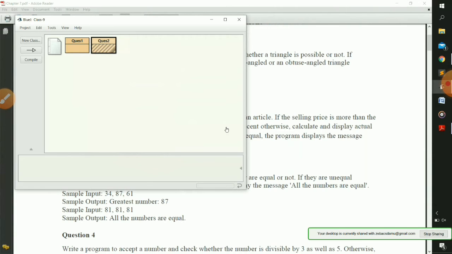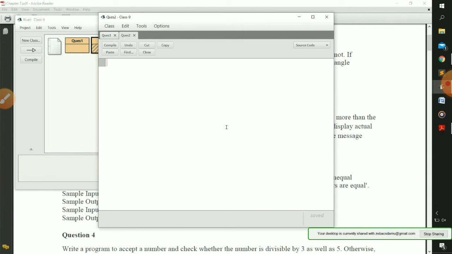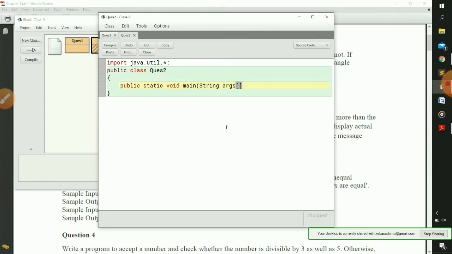Now, erase everything and we're going to write the code on our own. So import java.util.*, then public class, the same class name you need to take, question number 2, and then afterwards public static void main, String args.